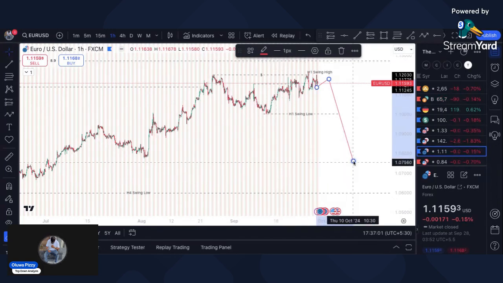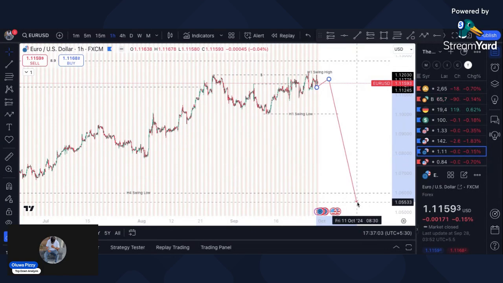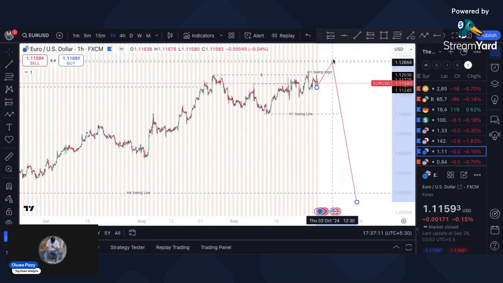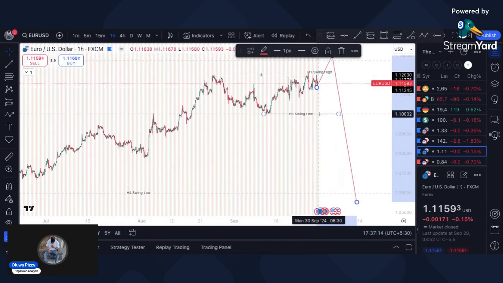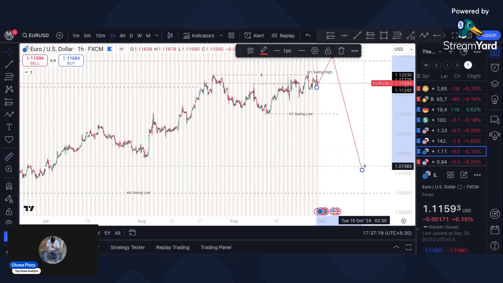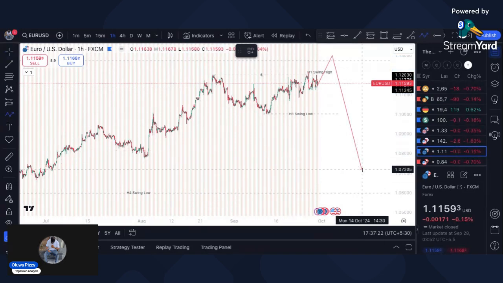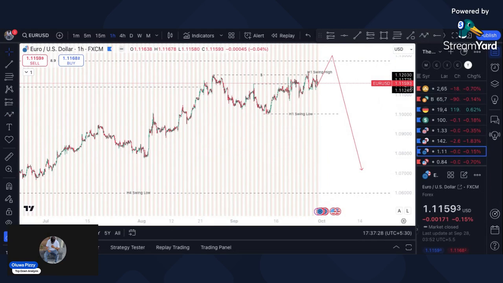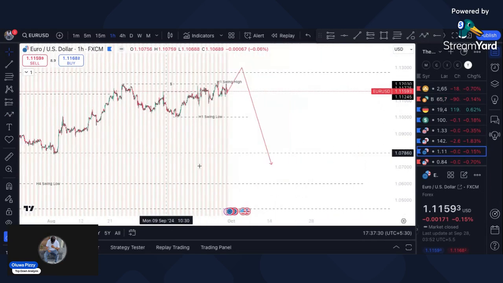Then definitely we are coming to take out this low. But if this high is taken out before this low is taken out, that means this low now will be protected and we'll be seeing something like this again. Sorry about that. We see something like this.